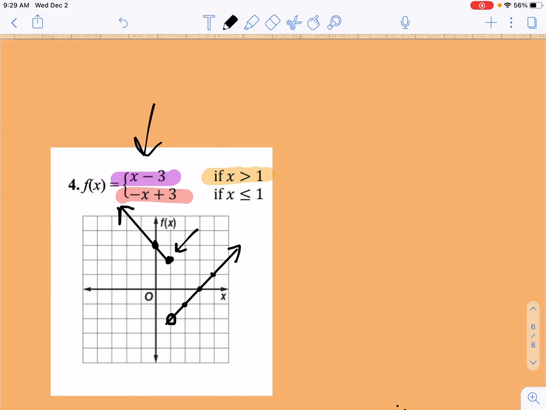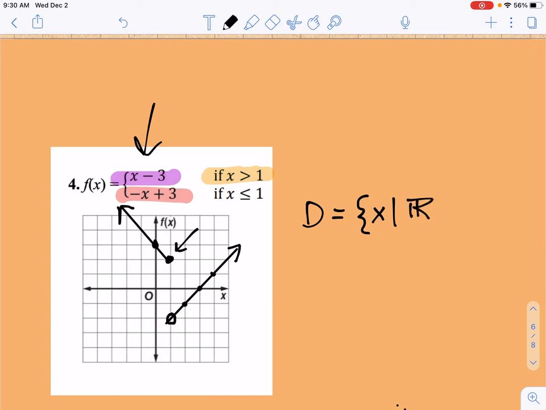All right, and so now the hardest part, honestly, with these is determining what the domain and the range are. Well, you can see clearly that you can put any value of x in for this, and it will work. So your domain is going to be, and I'm going to show you 3 different ways to write this. In set builder notation, you would say this, and then you could say all real numbers.